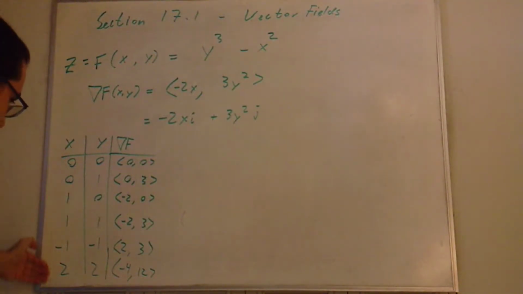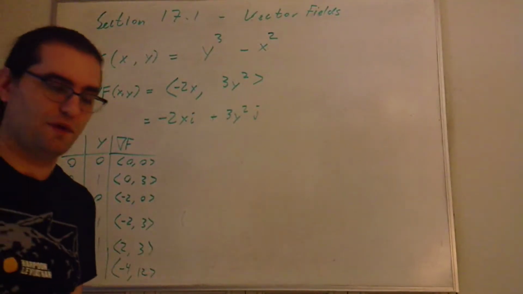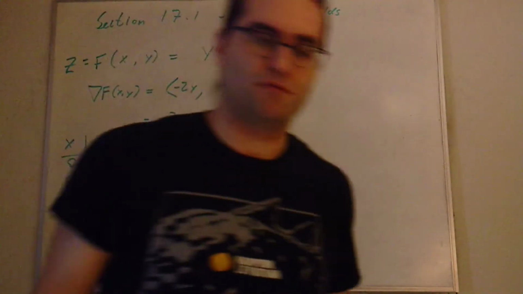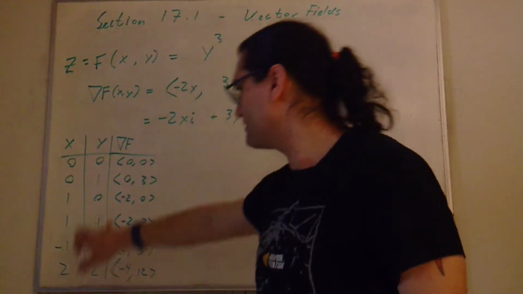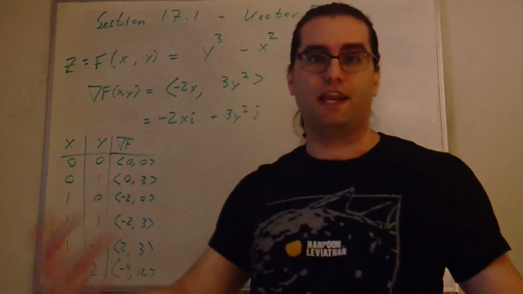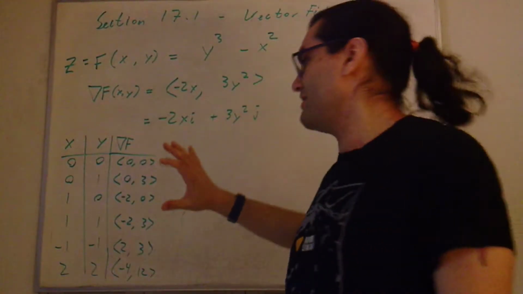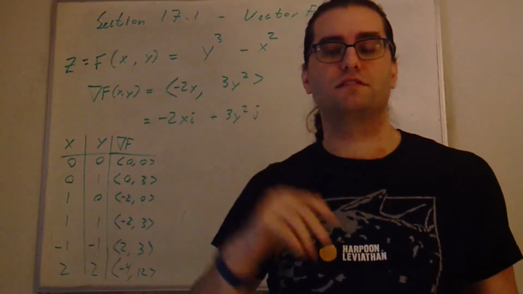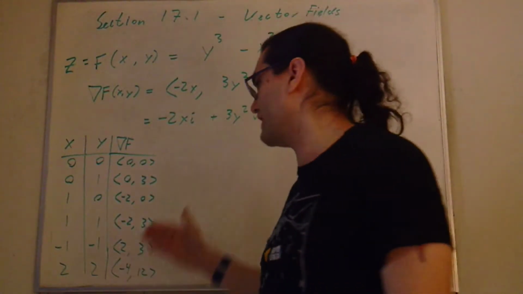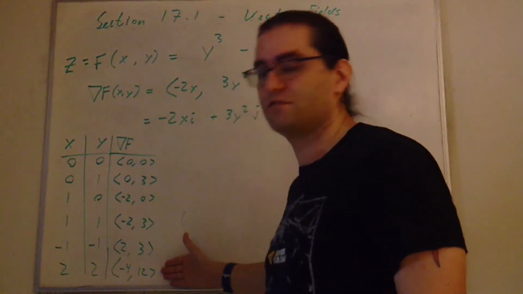So the general idea here matches the general idea that we have whenever we're presented with a function and we're not sure what it looks like. You pick a bunch of points, you plug in your points, you figure out what the function values are, and you graph those things. In this case, our function values are not numbers. Our function values are all vectors.